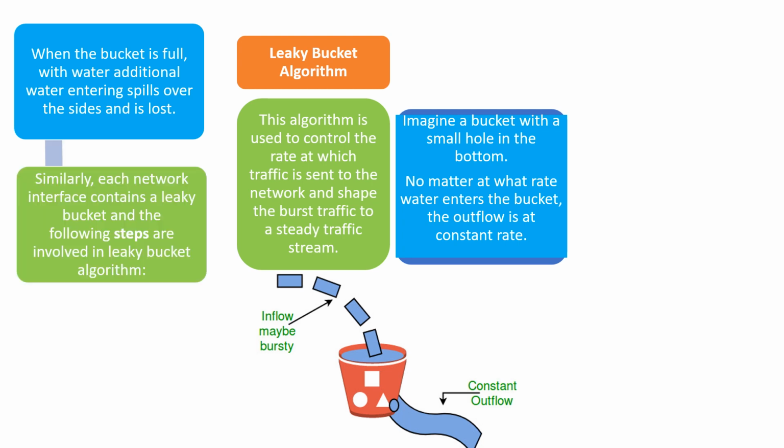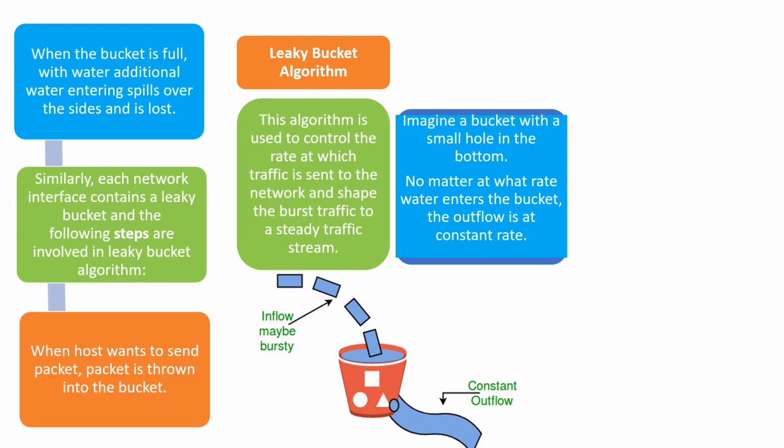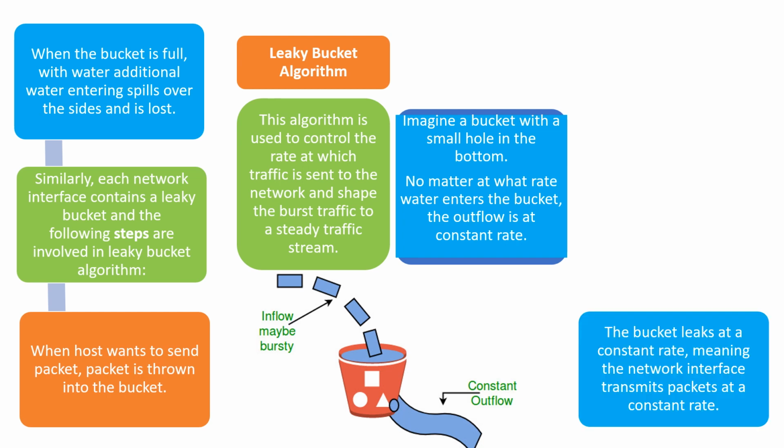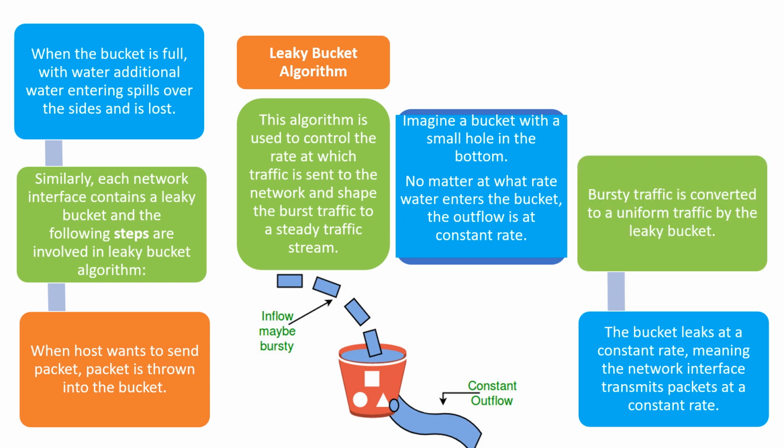Now we can see what the steps involved in this leaky bucket algorithm are. Each network interface contains a leaky bucket, and when a host wants to send a packet, it is thrown into the bucket first, and the bucket leaks at a constant rate, meaning the network interface transmits packets at a constant rate.